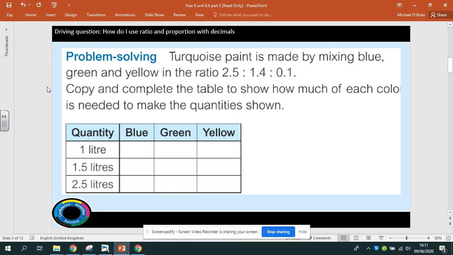Okay, here's our first question for the day. So, this is really using the skills that we've practiced, firstly in our remember question, and then in that last question that I've worked through with you, to work out the quantities of paint in the mixtures below. So, you might need a calculator for this.